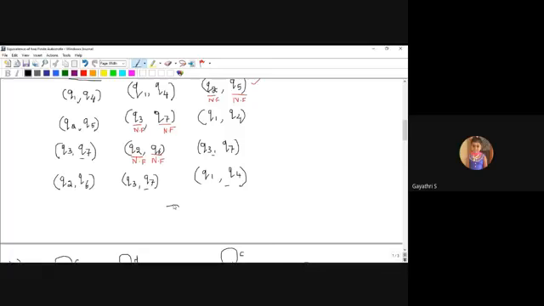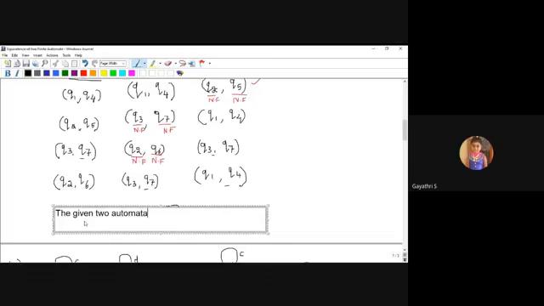So the given two automata are equivalent.